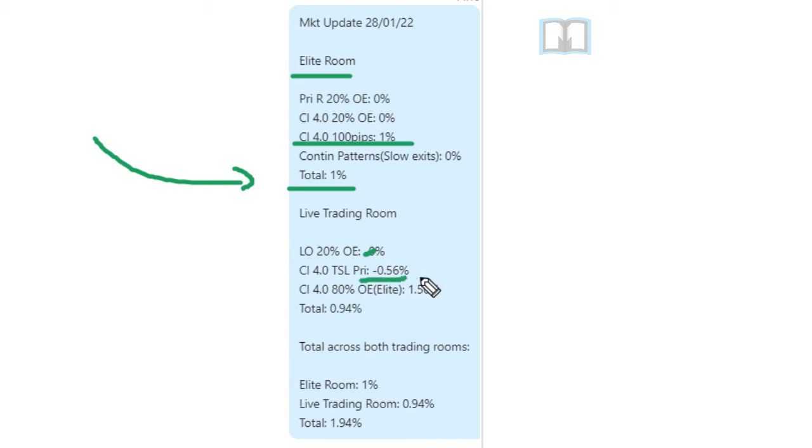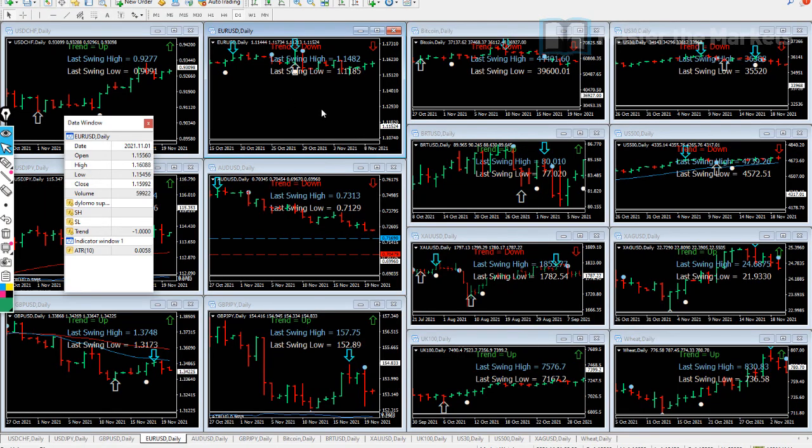The two other strategies, TSO primary, we took a little bit of small loss, 0.56%, and 80% OE one day exit, we had 1.50% profit. Overall, 0.94% on the live trading room. Total across both trading rooms, we had 1.94% coming through. Okay, so that's that on our trading performance across the trading floors.